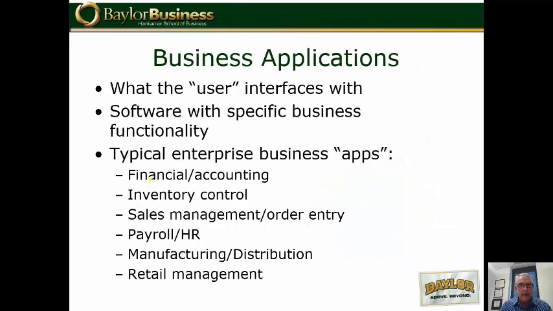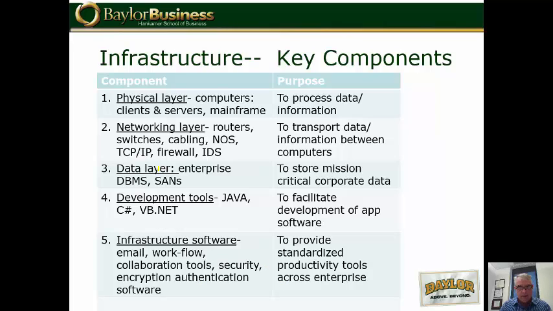When you talk about business apps, here are some typical applications that you'd find in a business environment. So those are business applications. But then underlying that is the infrastructure. And so there are different components or layers of infrastructure. So, the physical layer, you have computers. Typically in today's environment, clients and servers.